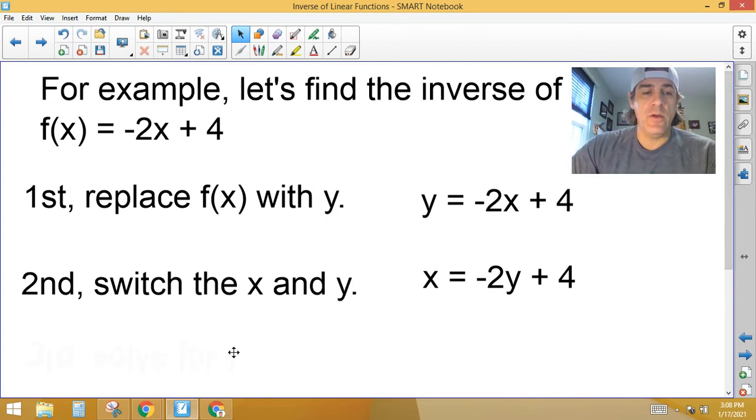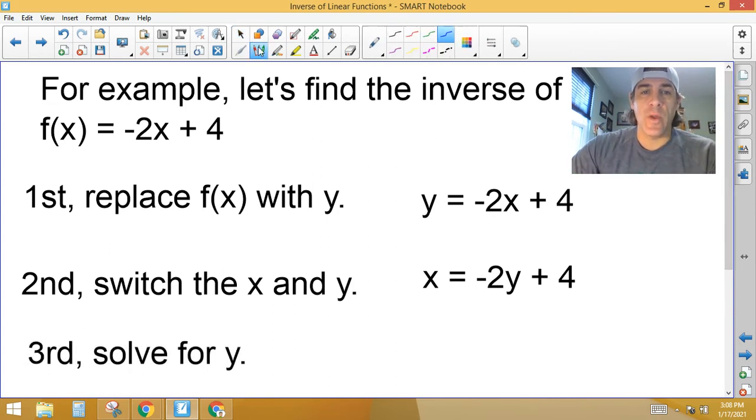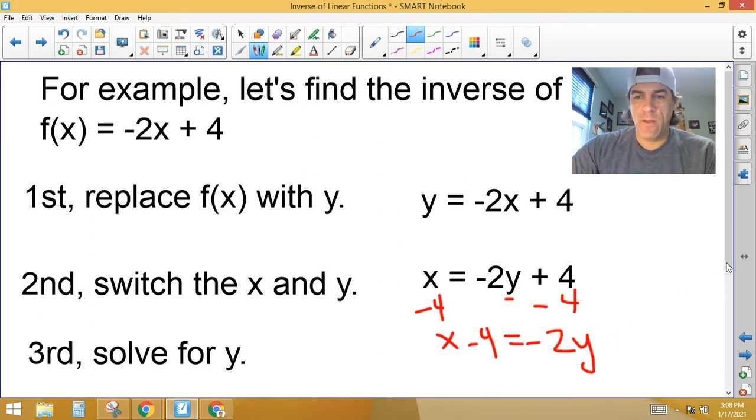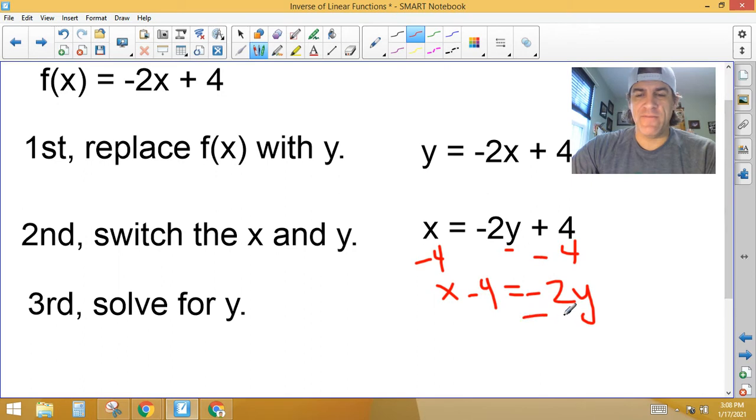Thirdly, we solve that equation for y. I first need to subtract 4, so I have x minus 4 equals -2y. My next step is dividing this whole side by -2.